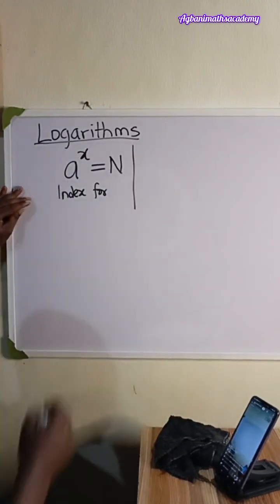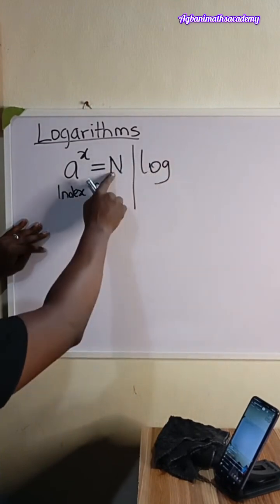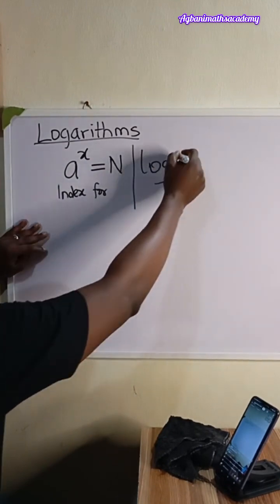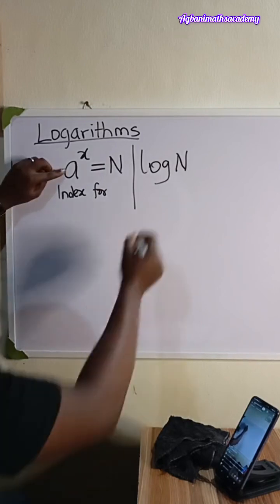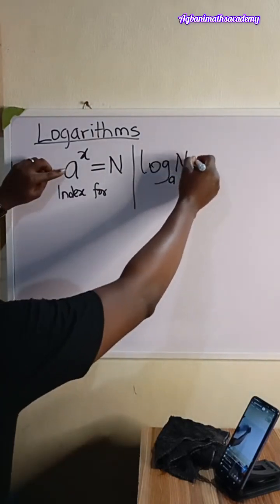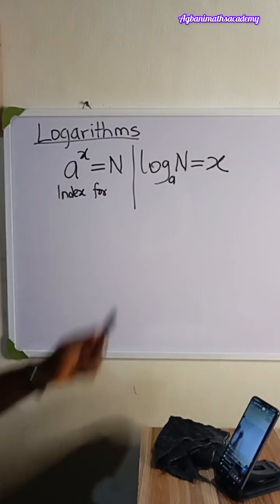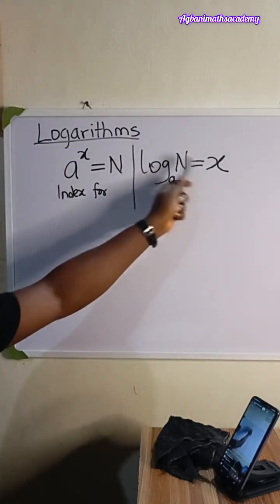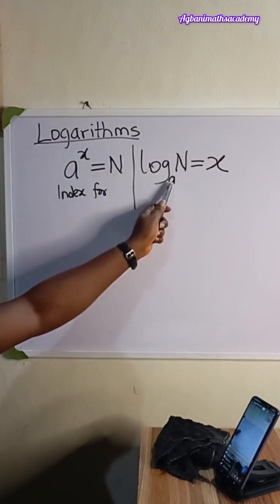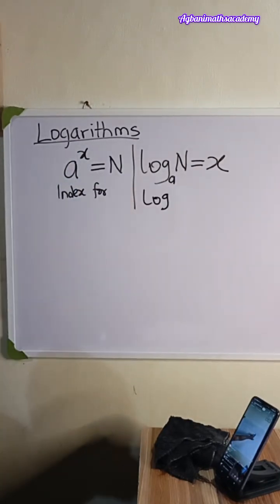In logarithmic form, this is going to be log. This n that was on the right side will be here. A, which is the base, will remain the base in logarithmic form, and this will be equal to x. So the log of the ordinary number is the power to which the base must be raised to give the ordinary number. Let's look at an example.